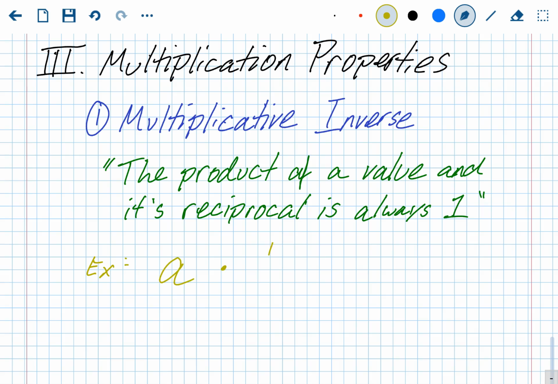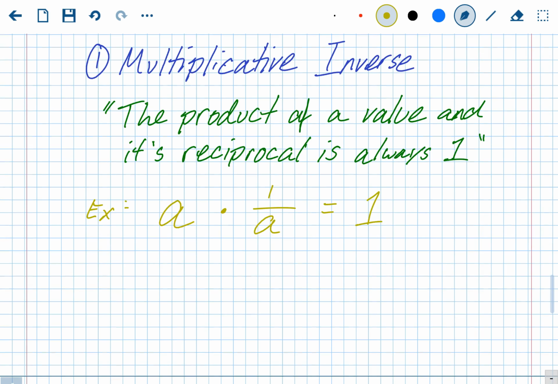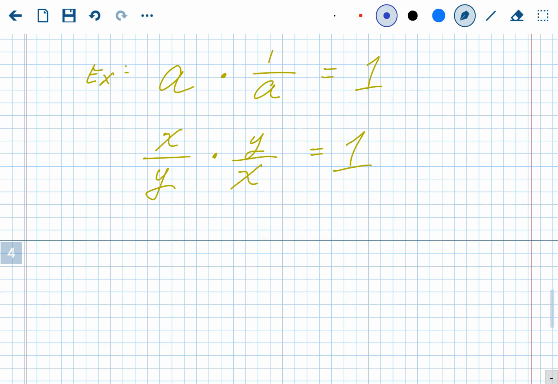So if you have a times the reciprocal, which is 1 over a, you get 1. So that's the reciprocal of a whole number, 1 over that whole number. The reciprocal of a fraction is you just flip the top and the bottom. So x over y times y over x equals 1.